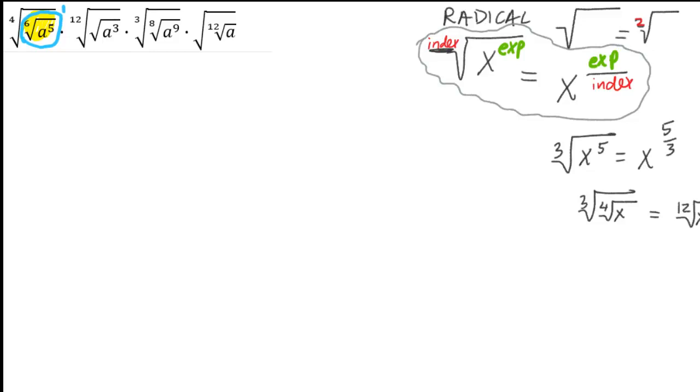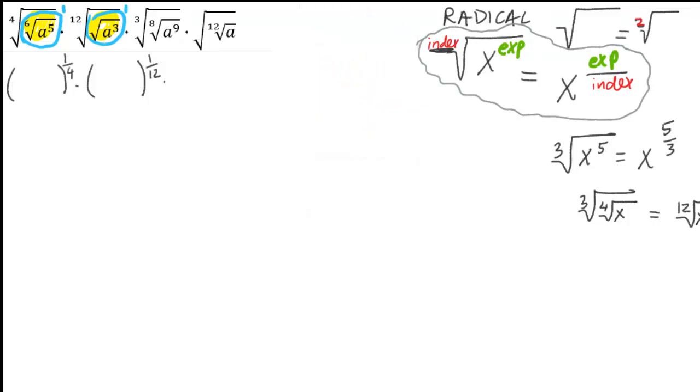Therefore, I could rewrite that as something to the 1/4. Next, I could look at here and ignore everything that's yellow and simply rewrite it as a power of 1/12, because now everything here is one thing, so it has an exponent of 1, and the index is 12.